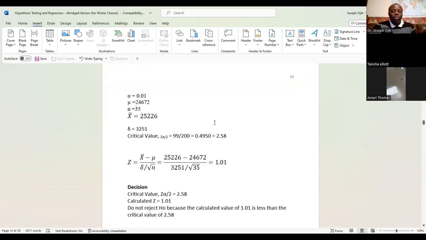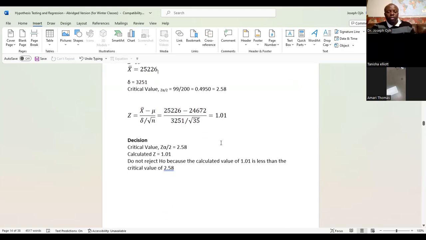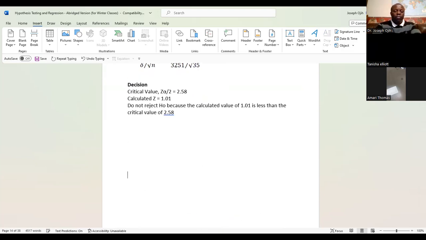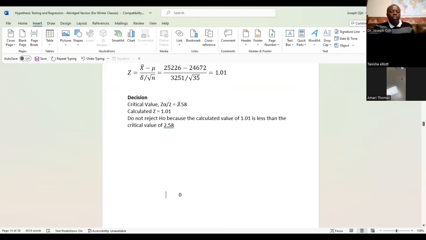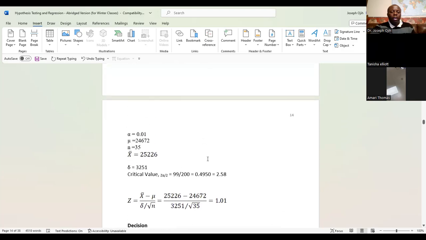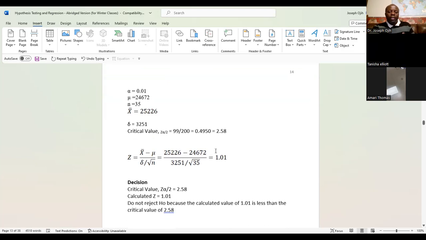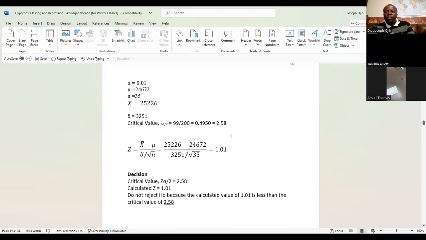Remember, this is a two-tailed test. Let me show you something. Let's say we have the chart here. The critical value can be plus or minus because it can be on either side. But our answer is positive, so we take the positive side.